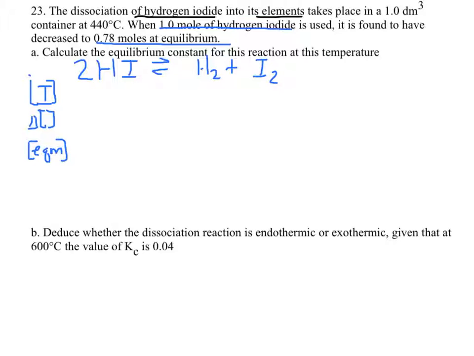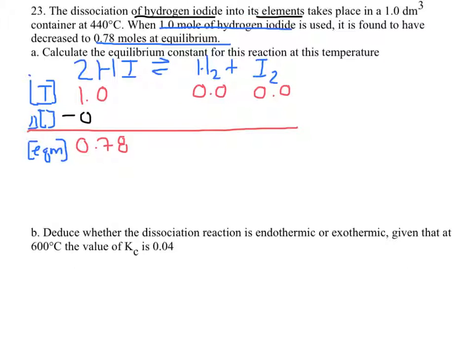We know we are starting with 1.0 moles of hydrogen iodide and 0 moles of hydrogen and iodine because they are products. We also know that we end with 0.78 moles of hydrogen iodide at equilibrium. Therefore, we need to go back and fill in all our information. 1.0 to 0.78 is a change of 0.22.